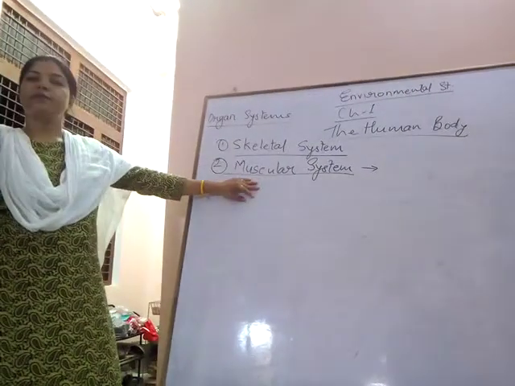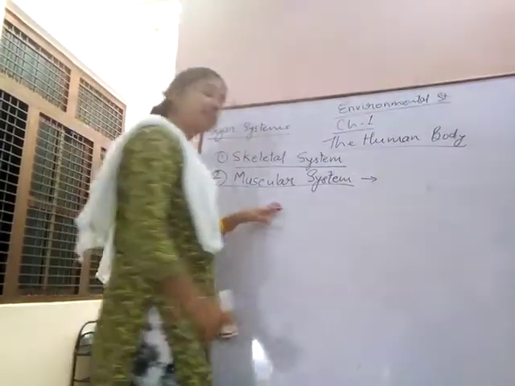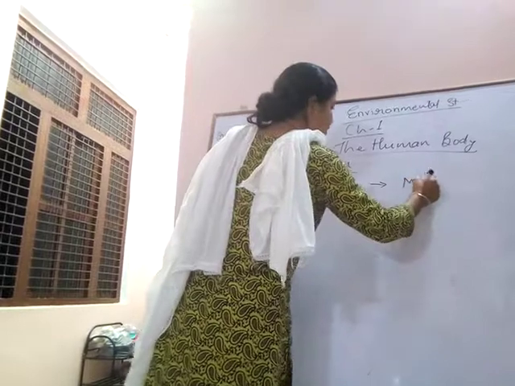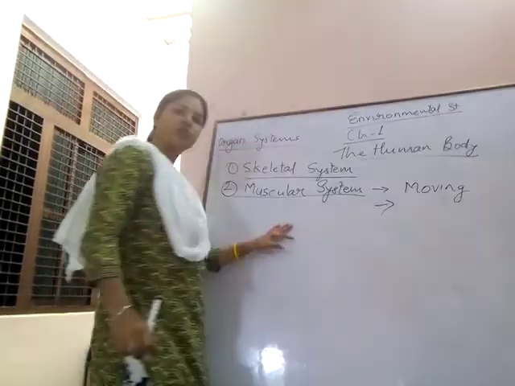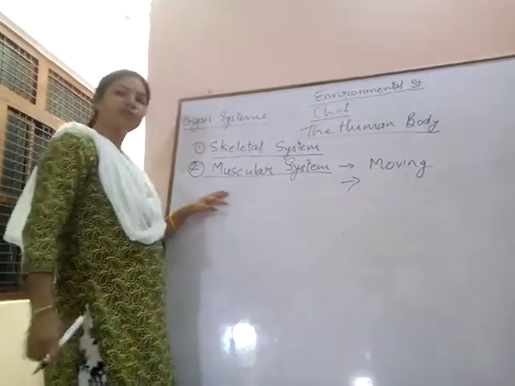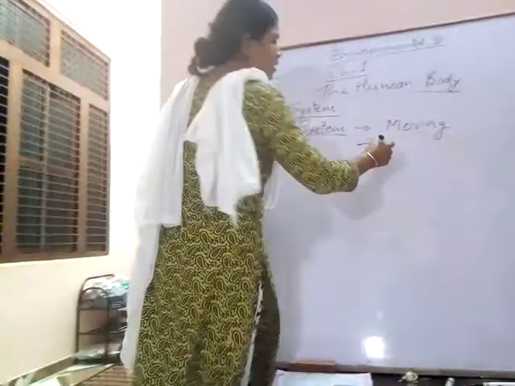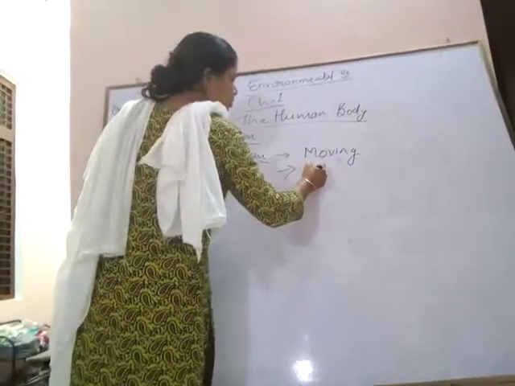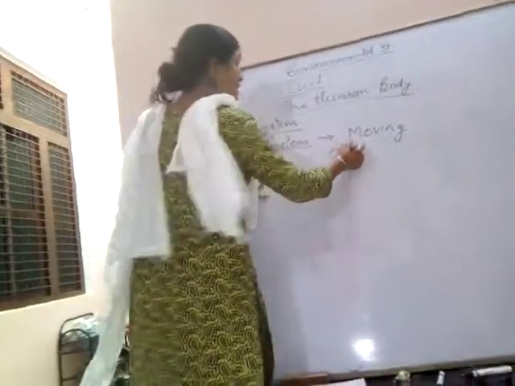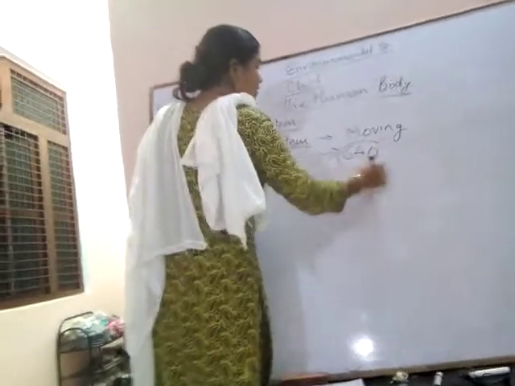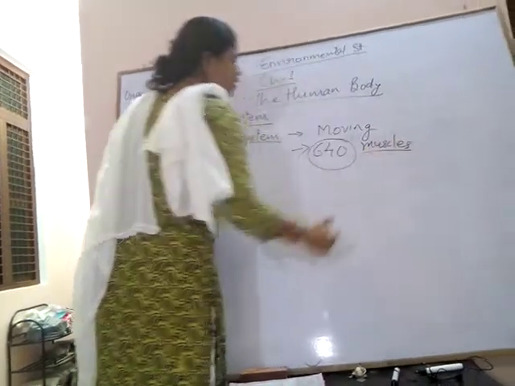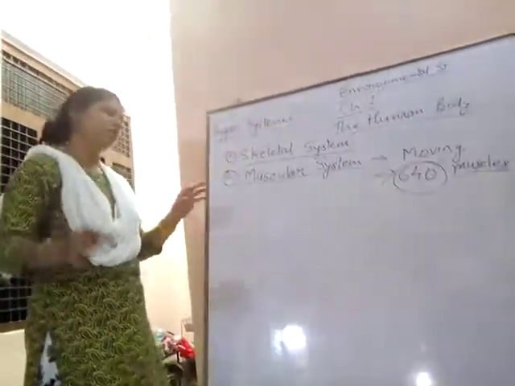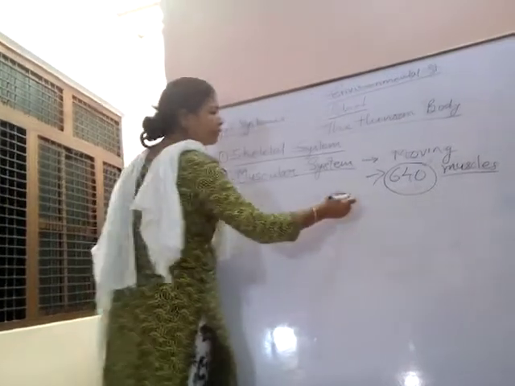Our body moves with the help of these muscles. It helps in movement, and we have almost 640 muscles in our body.